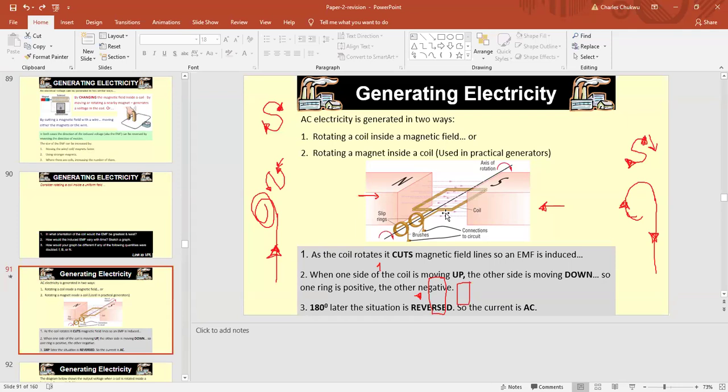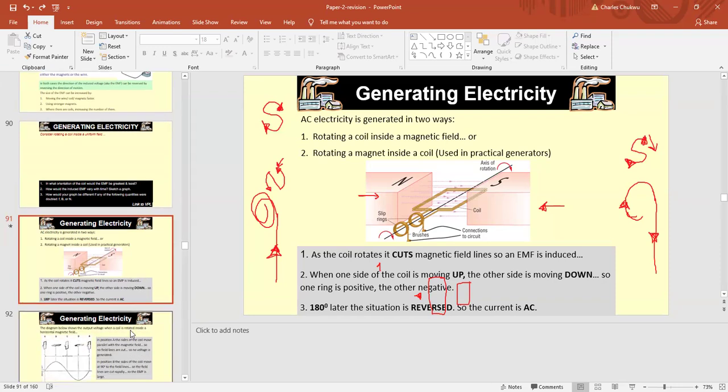So remember, in electromagnetism, it's electricity producing magnetism. But now we're talking about the fact that magnetism can also do what? Produce electricity. That's just the basic difference between this topic and the one that came before it.